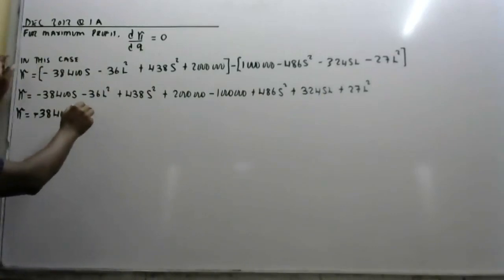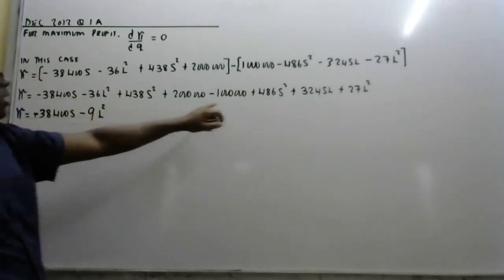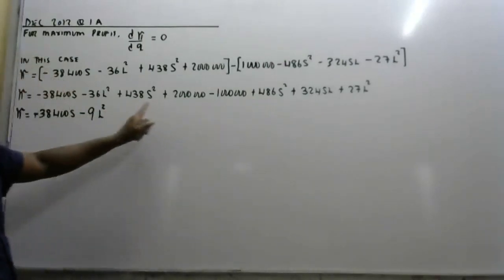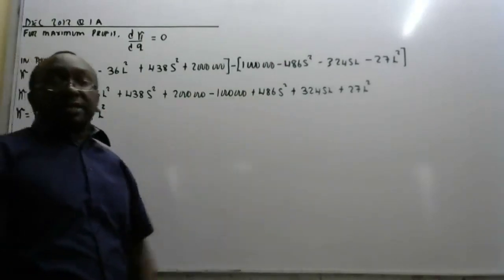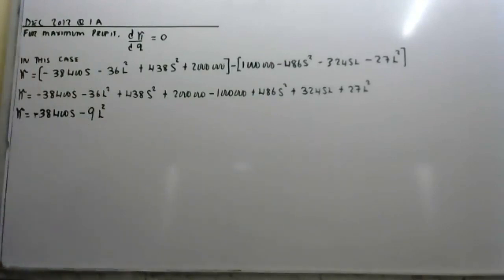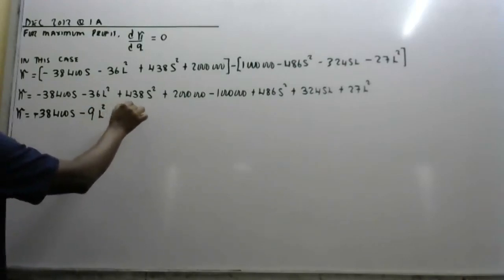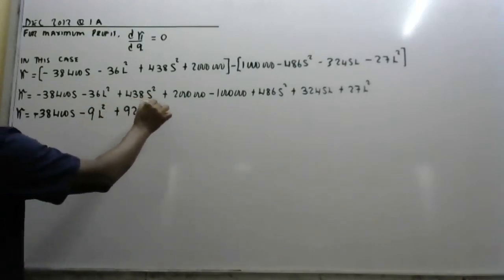Minus 9L squared. This S squared to join this one. So give me 438 plus 486, 924. So plus 924S squared.